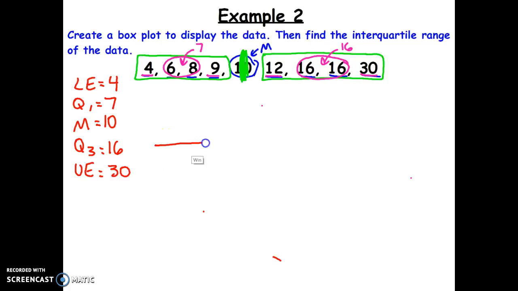Now to do our box plot, we just need to create a number line. So I'm just going to count by twos, 2, 4, 6, 8, 10, 12, 14, 16, 18, 20, 22, 24, 26, 28, 30. Okay, and I got a little extra room, so I can take that off.